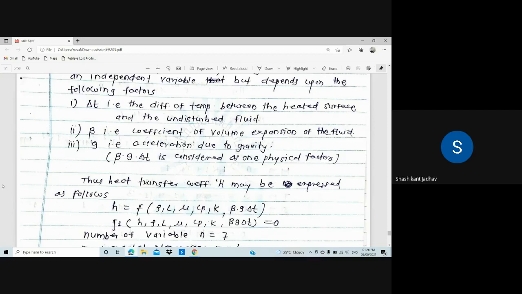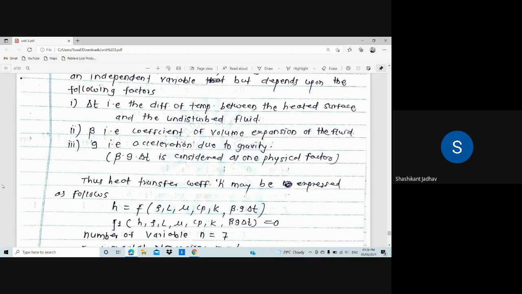Then the third factor, that is g, acceleration due to gravity. So these are the three factors we have to consider.